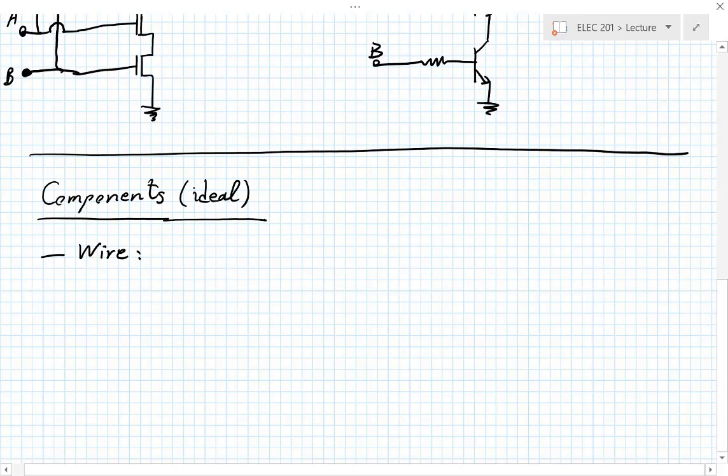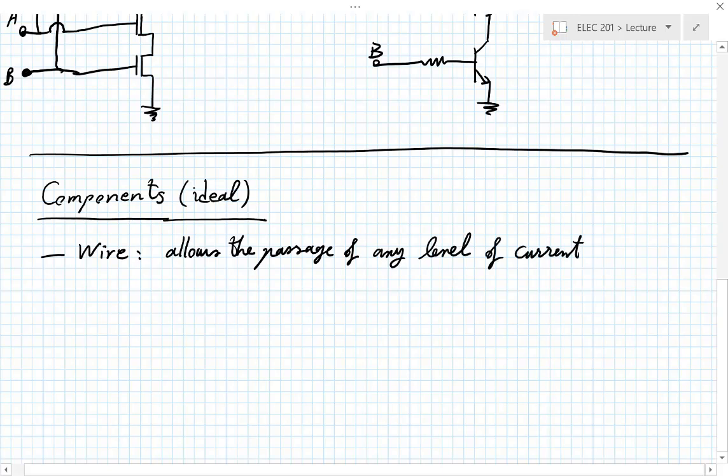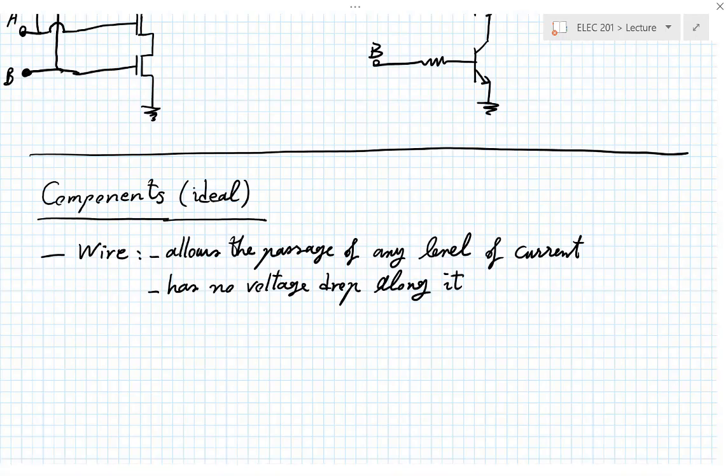So a wire allows the passage of any level of current and has no voltage drop along it. Now we'll soon see this in examples.